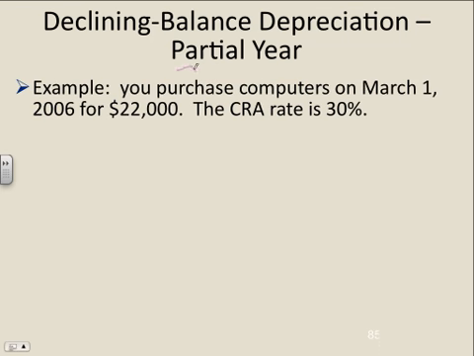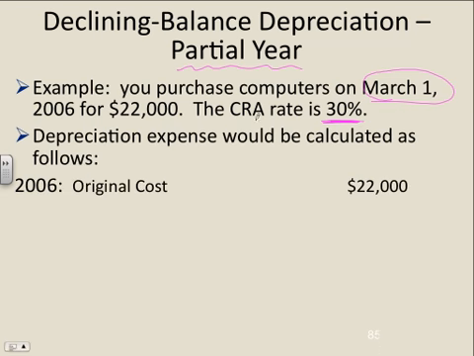Okay, we're going to look at partial year depreciation here. So now we bought a computer on March 1st. We did not have it for the full year. 2006 for $22,000, we know from the CRA table that the CRA rate is 30%. So according to our formula, we know our formula for depreciation expense is net book value times rate.